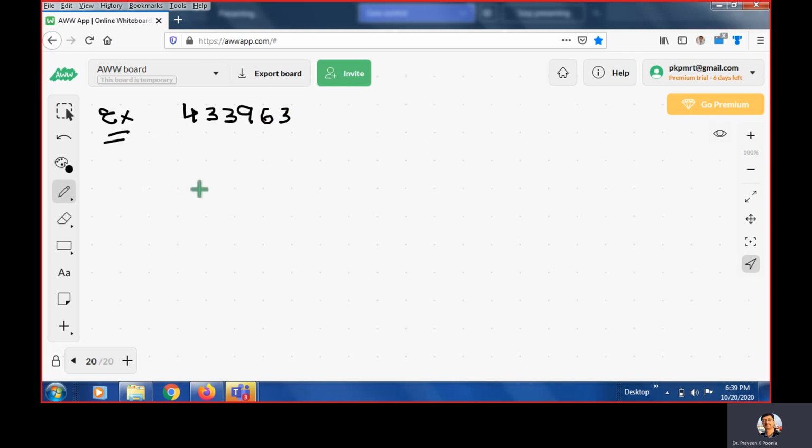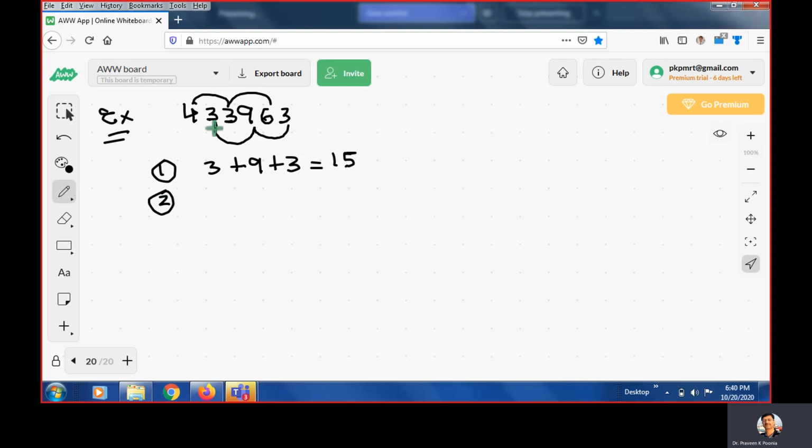So this is the number. We need to check whether it is divisible by 11 or not divisible by 11. So these are the odd places: first position, third position and fifth position. This is second position, fourth position and sixth position. So first we will find the odd places: 3 plus 9 plus 3. Answer is 15. Clear?